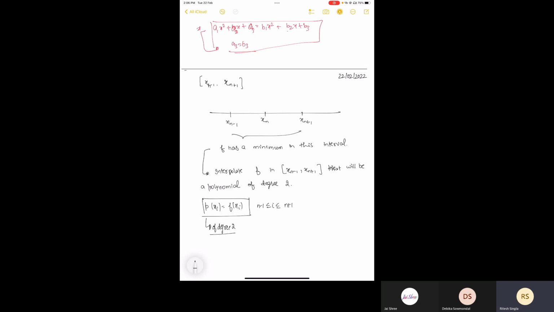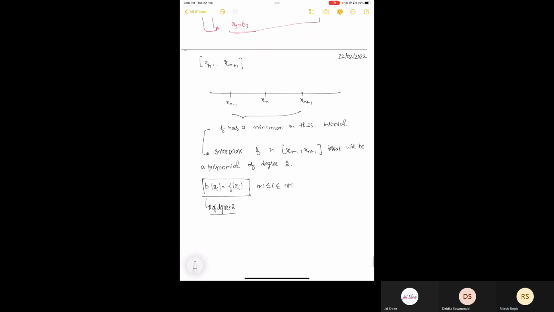After that, it is saying to show that the interpolation of f(x) in this interval, which is nothing but our p of x, by a polynomial of second degree yields the approximation for the minimum value of f(x). So basically, what do we need to do? First of all, we will find our p(x).